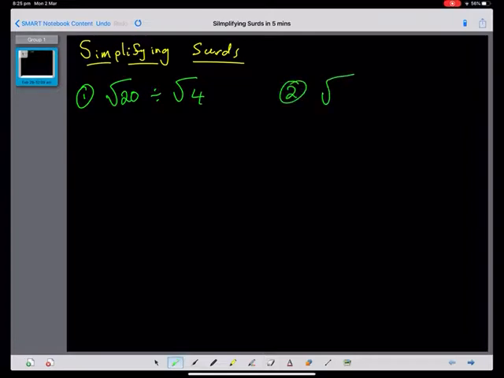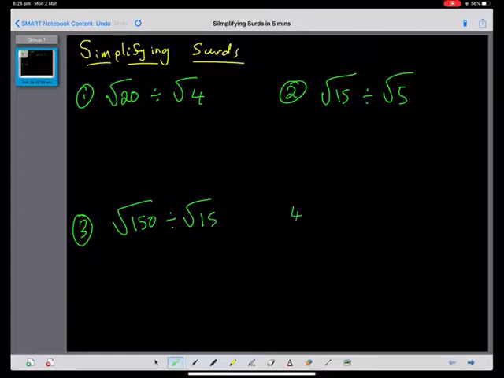Let's do the root of 15 divided by root 5. Let's do the root of 150 divided by root 15. And let's do the root of 500 divided by the root of 10.